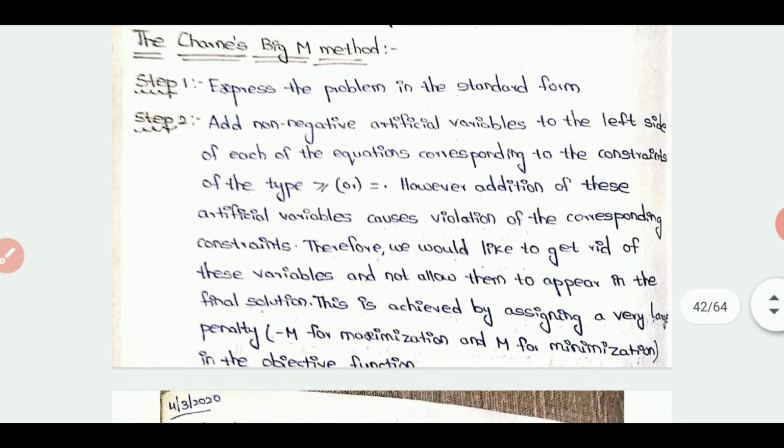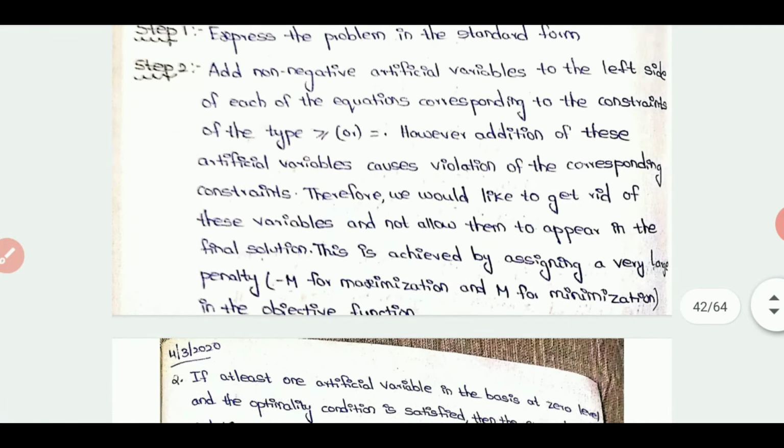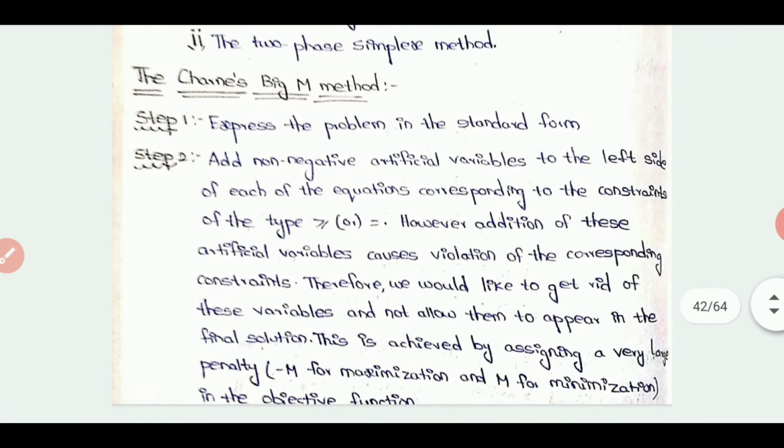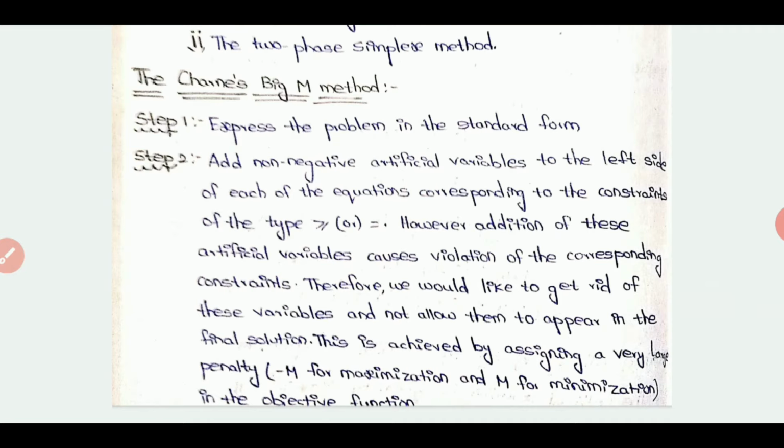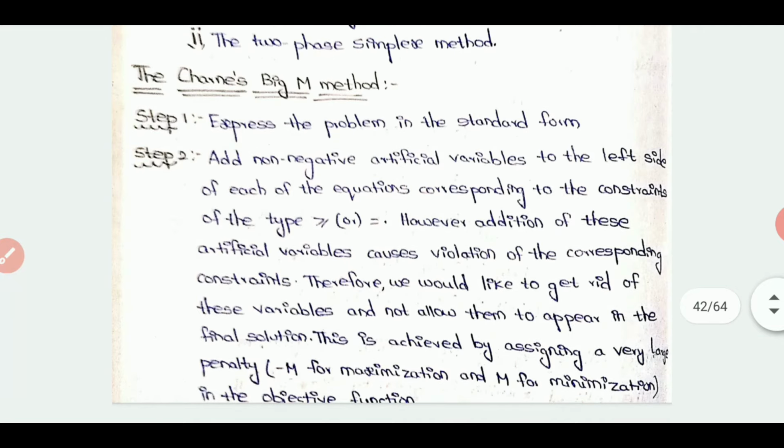Big M method. There are some steps in order to solve this, and let's see the first one. The first one is express the problem in the standard form. First of all, we have to express the problem in a standard form. And the second step is we have to add non-negative artificial variables to the left side of each equation corresponding to the constraints.